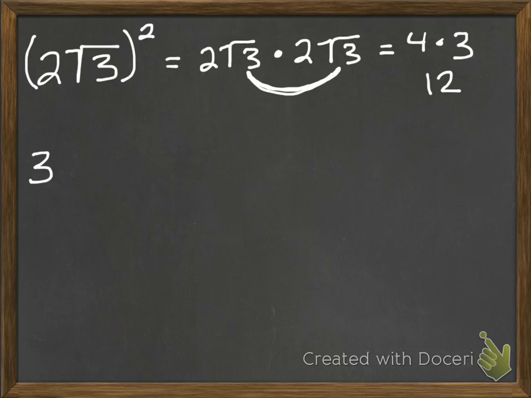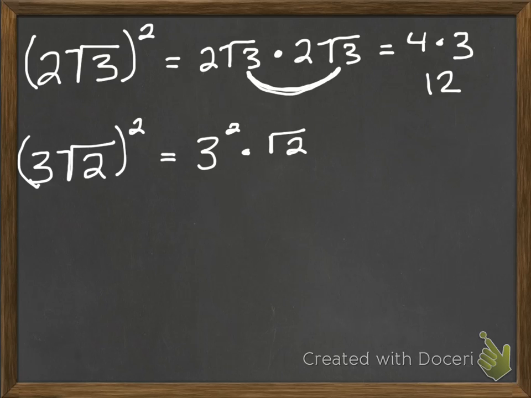Let's say 3 times the square root of 2, squared. So basically you're squaring each individual factor. So it's 3 squared times the square root of 2 squared. We know that 3 squared is 9, and the square root of 2 squared is 2, which is equal to 18.